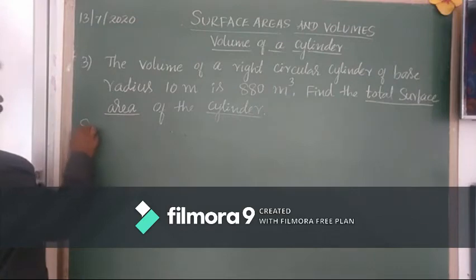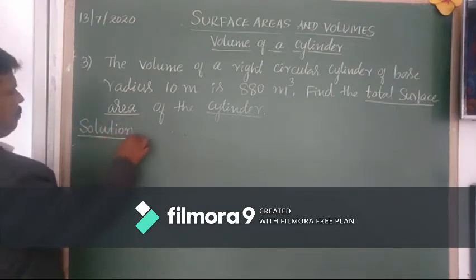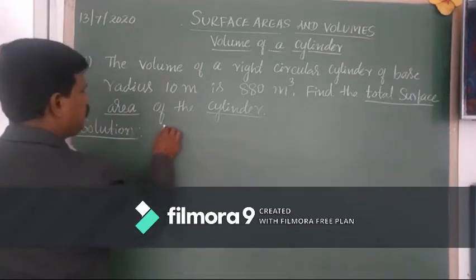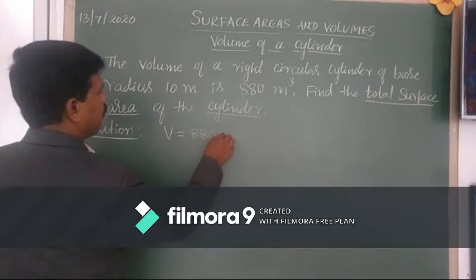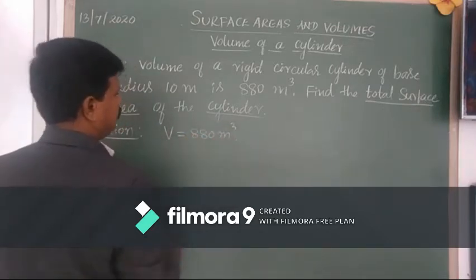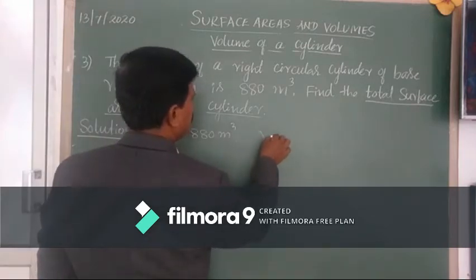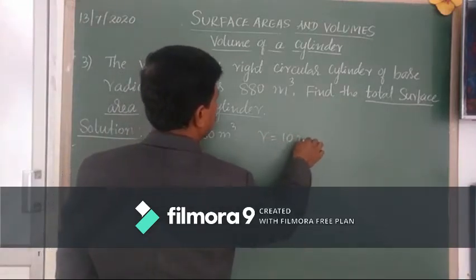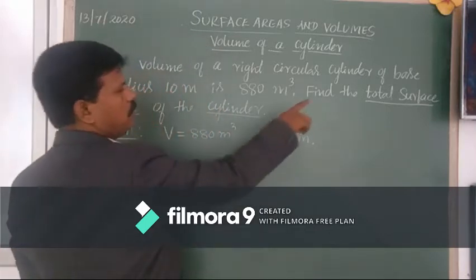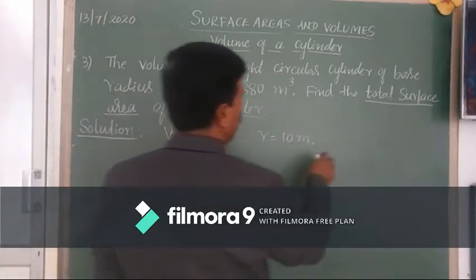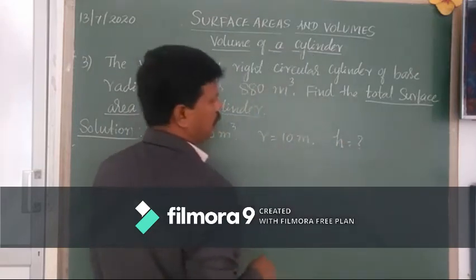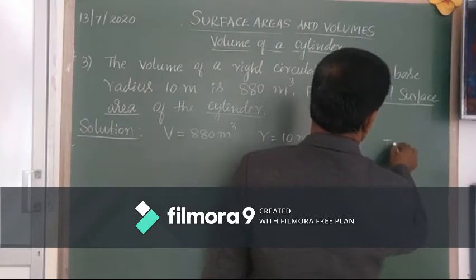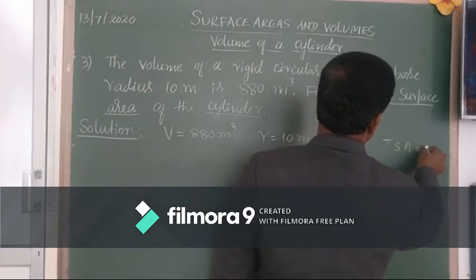First, write down what is given. Volume V is equal to 880 cubic meter and radius is given, 10 meter. Now to find the total surface area, we need h. h is a question mark and TSA is a question mark.